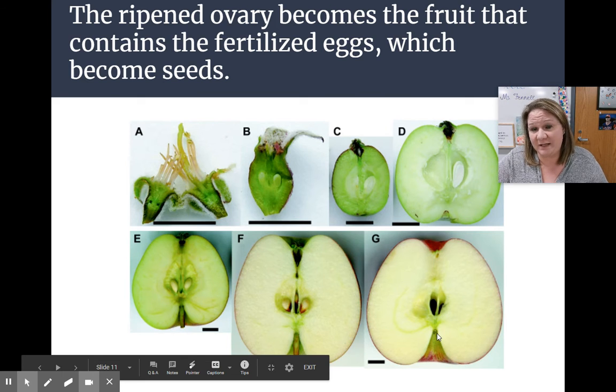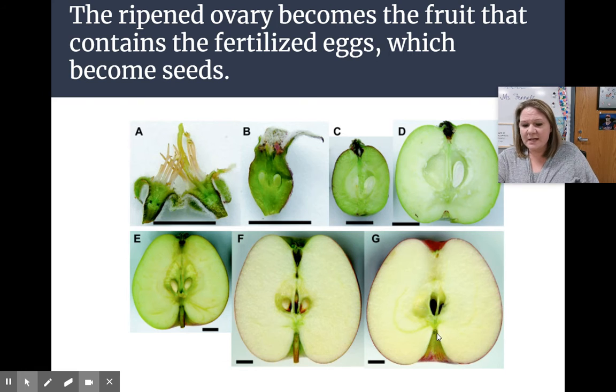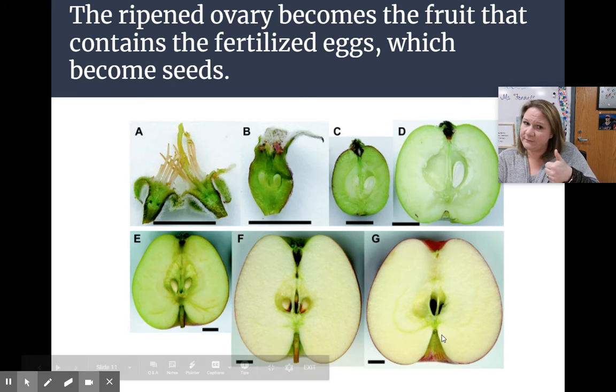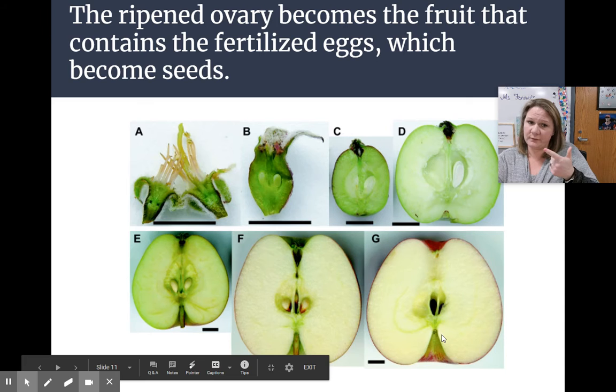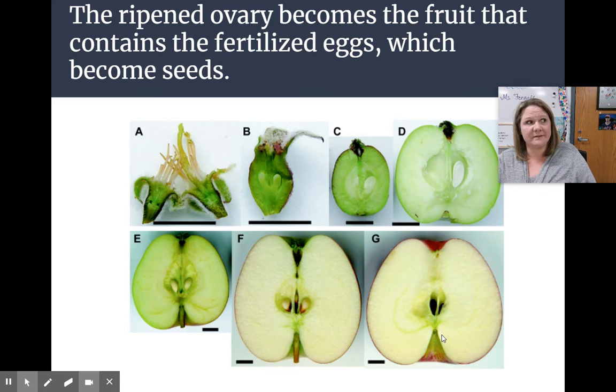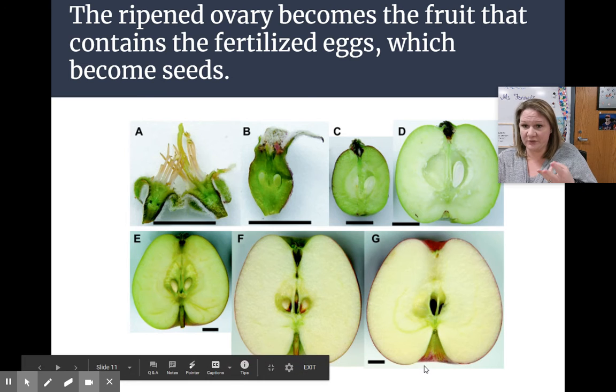So technically speaking, not in grocery store terms but in biological terms, a watermelon is a fruit. Apples are fruit, and pumpkins are also fruit. They are ripened ovaries. What's another example? Cucumbers are fruit, technically. Anything that has seeds inside of it is a fruit. It's a ripened ovary part of a plant.